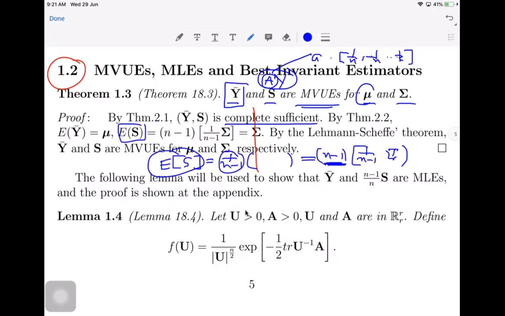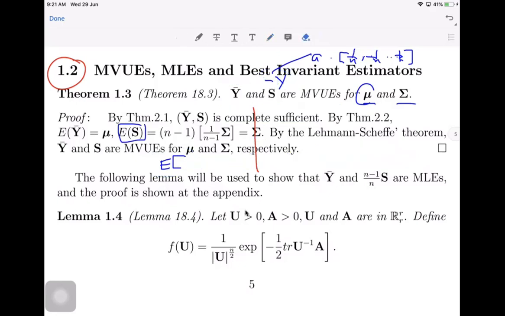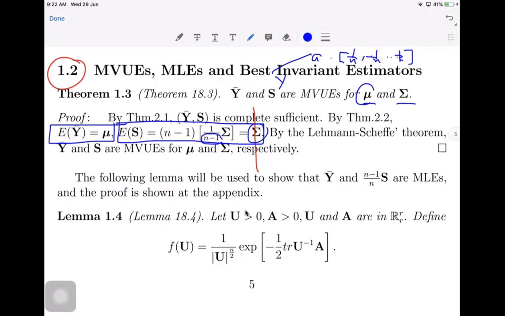So after getting the expectation, this is canceled out and what we have is sigma. So these two statements are telling us that Y bar is an unbiased estimator for mu and S is an unbiased estimator for sigma. So the unbiased estimator is the one divided by n minus 1, not the one divided by n.